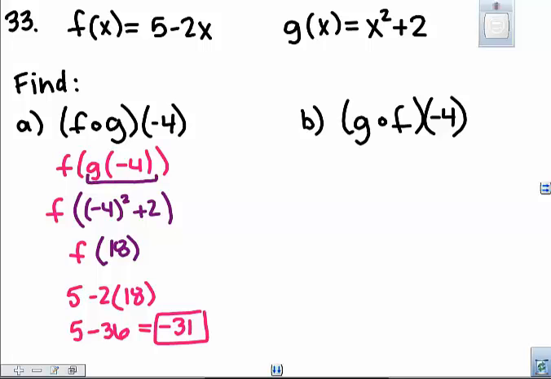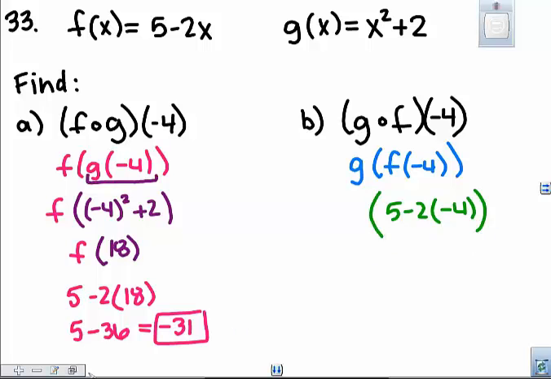Okay, for part B, you're doing the same thing, it's just reversing the order. So g is on the outside, and we're going to input -4 into the f function. So the f function is 5 minus 2x. The g is still out here. So you have to do your multiplication first. Make sure you're doing the correct order of operations.